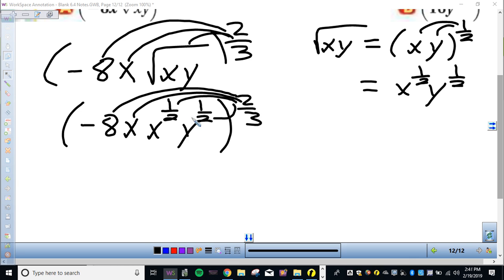Now that it's 1/2, we can multiply it. Because I couldn't distribute the 2/3, the root was blocking it. Let me finish, then I'll take questions, because I might answer some of your questions, and if not, I'll come back to them. Go ahead.